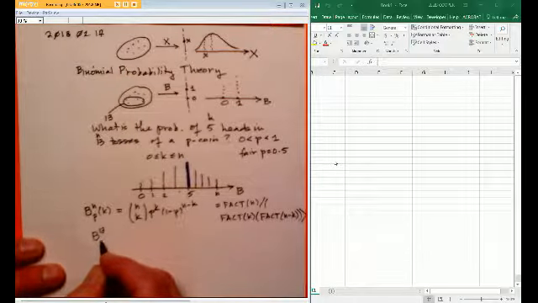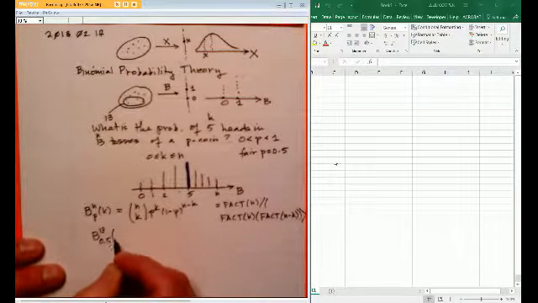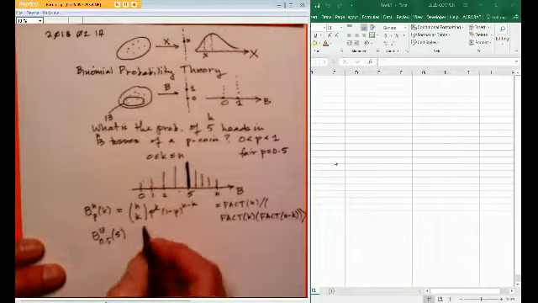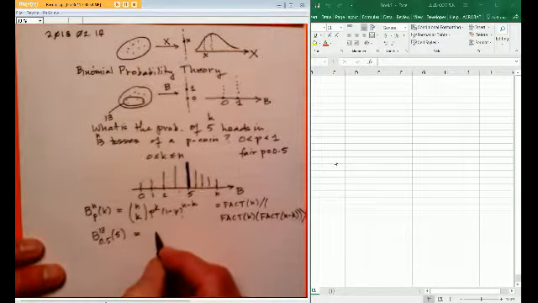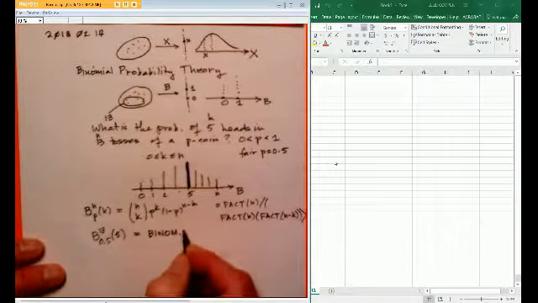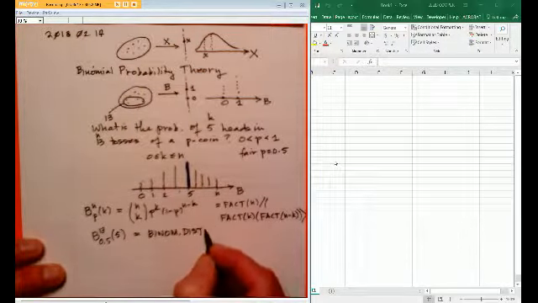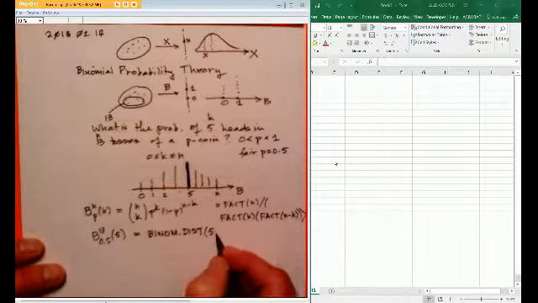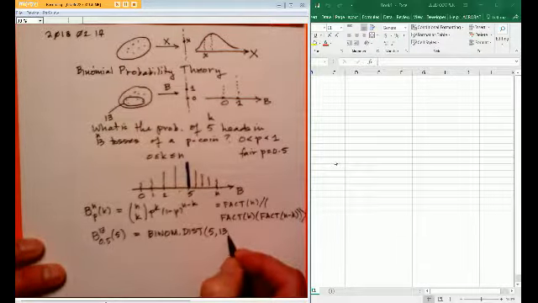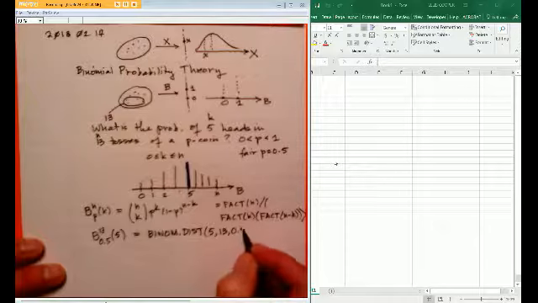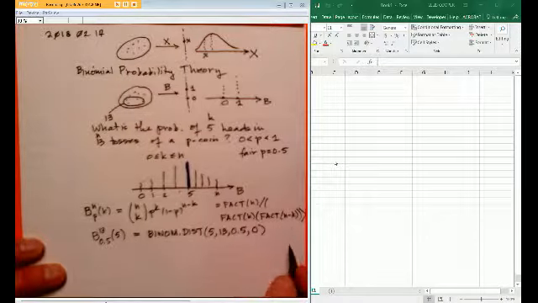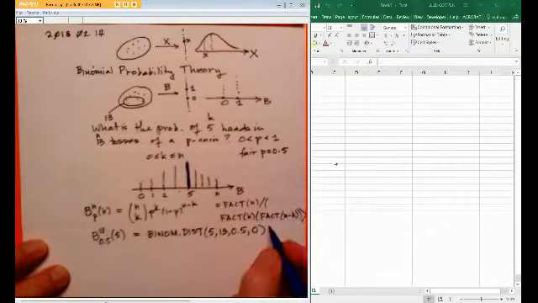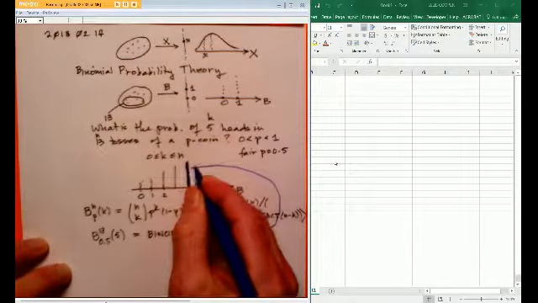Let's say we're talking about a fair coin at 5. And the Excel function for that is BINOM.DIST at 5. N is 13, P is 0.5, and you put a 0 here for the point probability. So this point probability is that height.